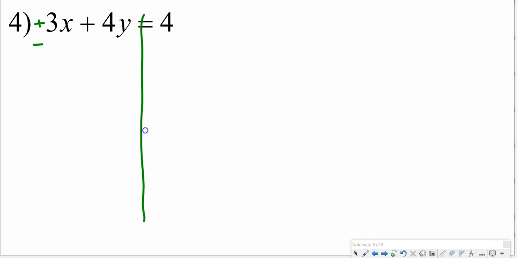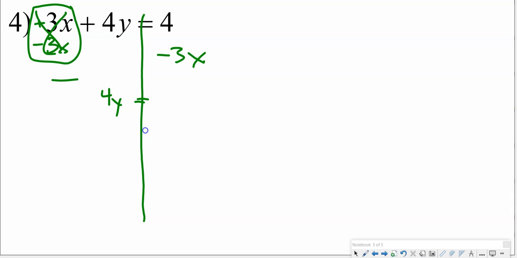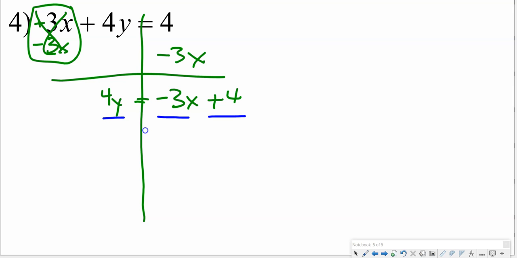That's plus 3x, so we're going to subtract 3x. Notice that's the first thing we do, and we do it every time, no matter what it is. Opposite operations are gone. We have 4y equals. Not like terms, so we cannot add those together. So we put negative 3x, negative 3 times x, plus 4. It's important to put that plus there. Next step, get rid of the number multiplied to the y, so we're going to divide.